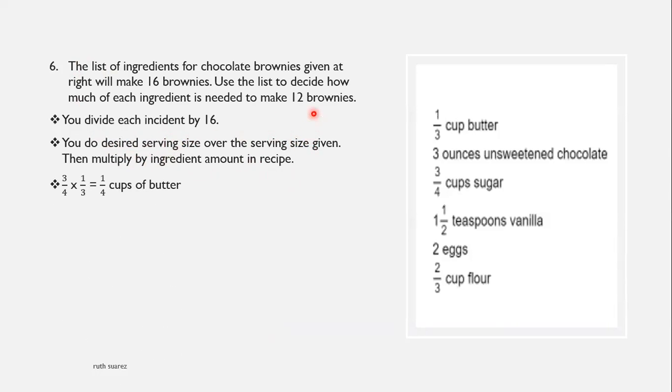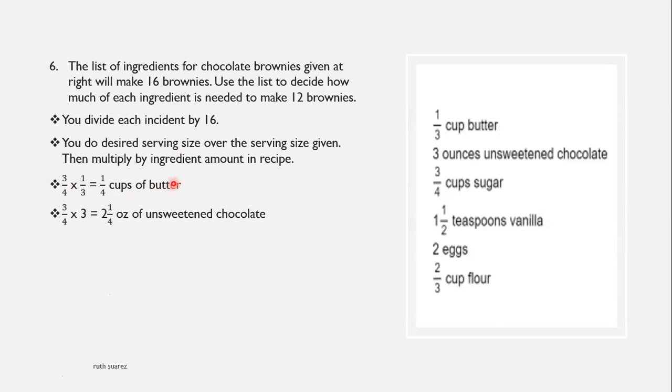So you're going to do 12 over 16, which whenever you reduce it is going to give you 3/4. Then you multiply by the ingredient amount in recipe. So the ingredient amount in recipe is actually 1/3 cup of butter. So as you can see, we multiply these two together and it gives us 1/4 cups of butter.